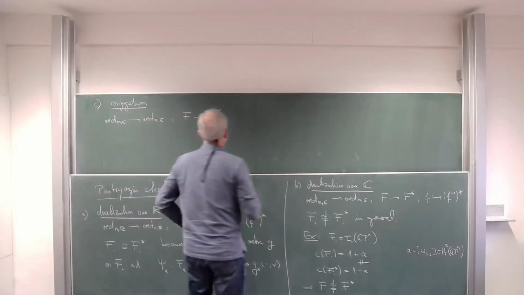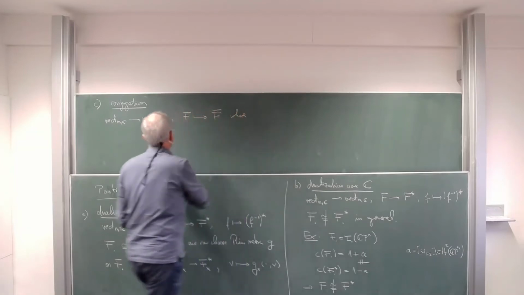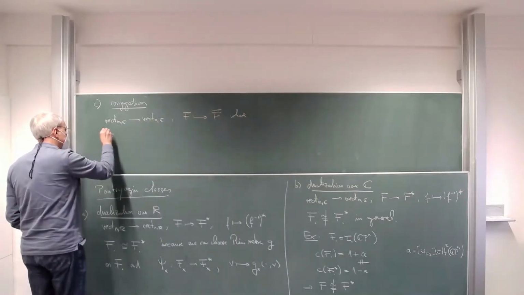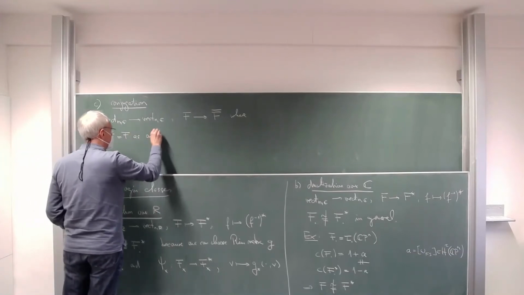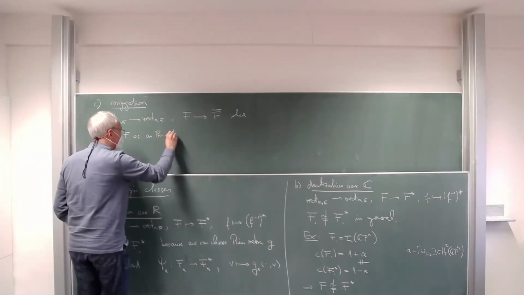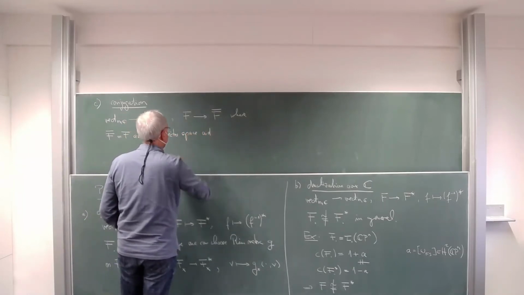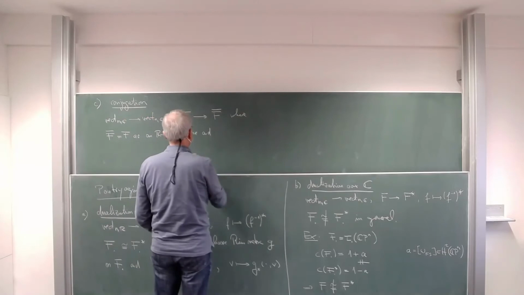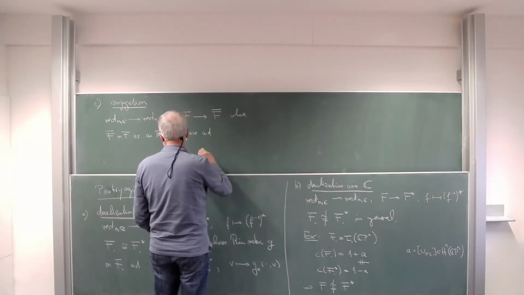And so that means F bar equals F as an R vector space, and the multiplication with complex numbers gets modified to a new one.